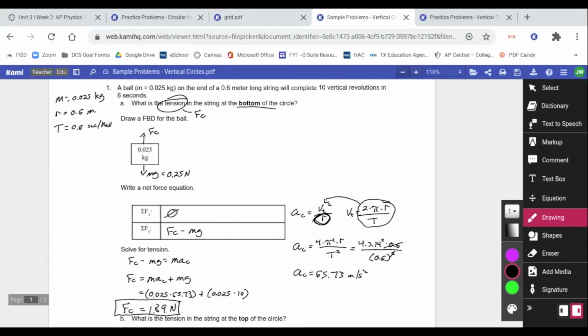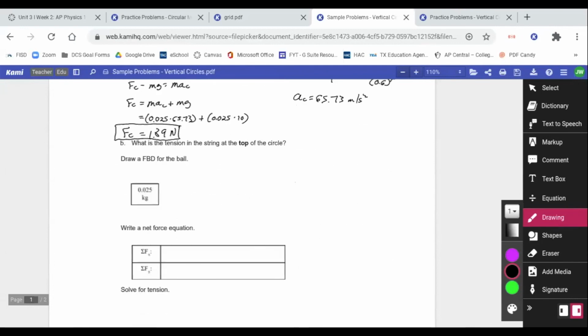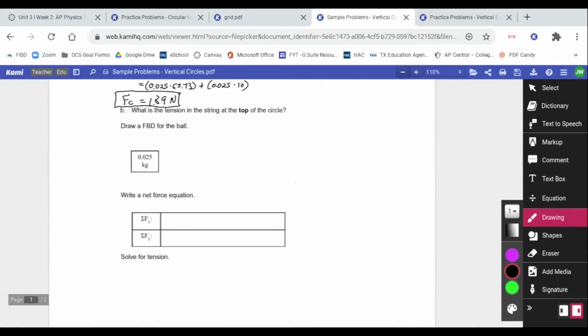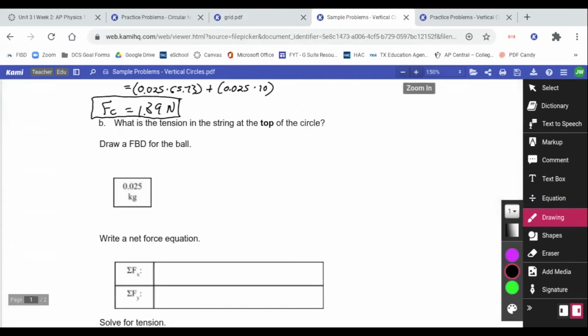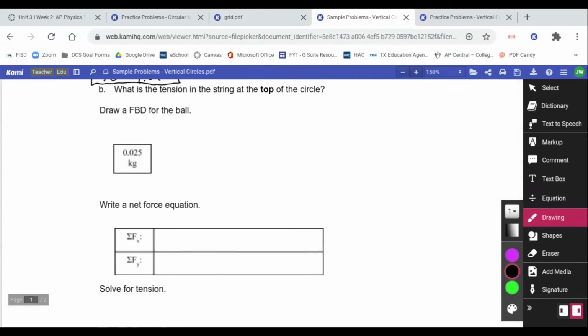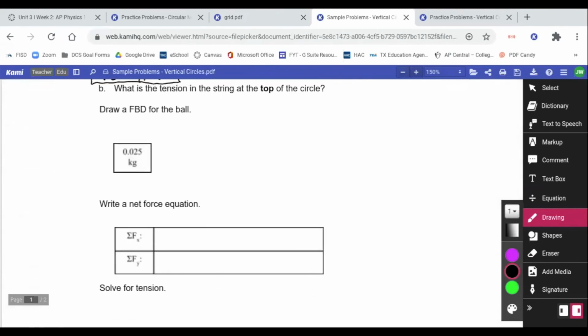Okay, now that we have that, let's take a look at the bottom of the page, which talks about the top of the circle. So I'm going to scroll up so that we can do the bottom of the page, which happens to be the top of the circle. Zoom this back in so I have room to write. Draw a free body diagram for the ball. So we're at the top of the circle.